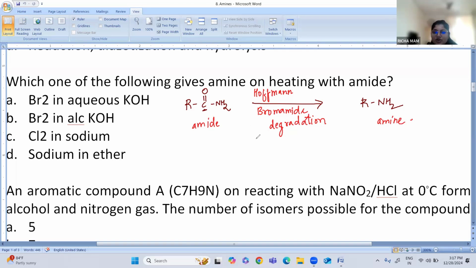In the presence of bromine and NaOH or KOH.